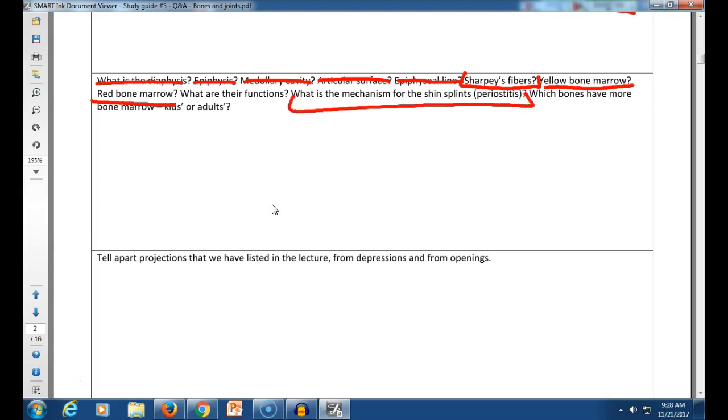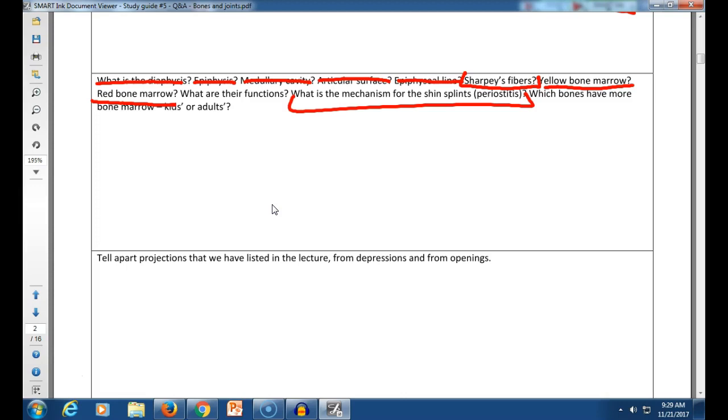Mechanism for the shin splints, we talked about it. What's the mechanism for shin splints? Periostitis. What detaches from the bone surface? Periosteum detaches from the surface of the compact bone. That is periostitis.